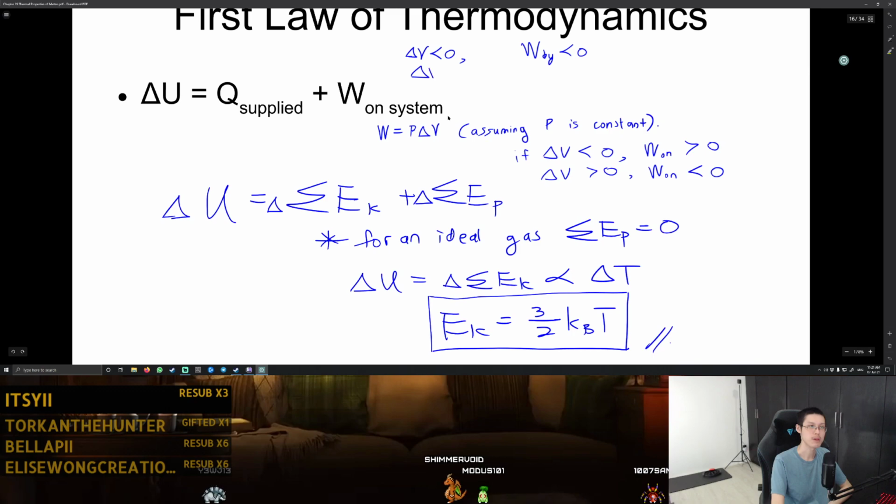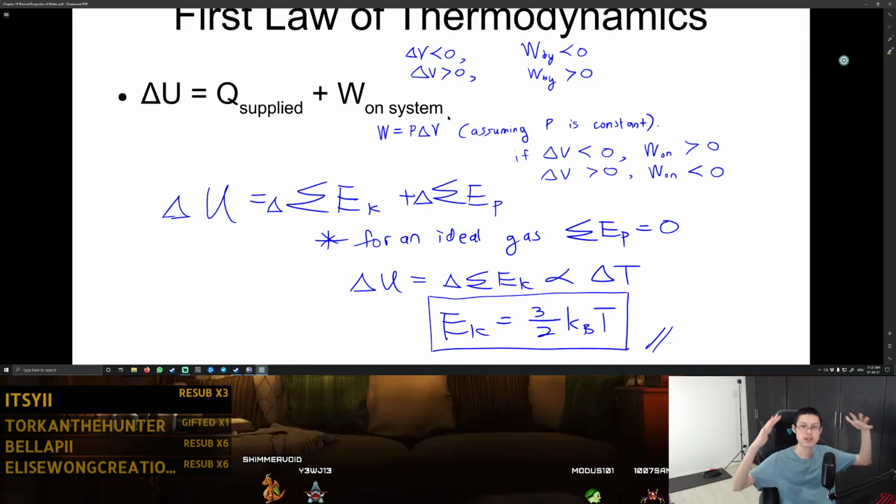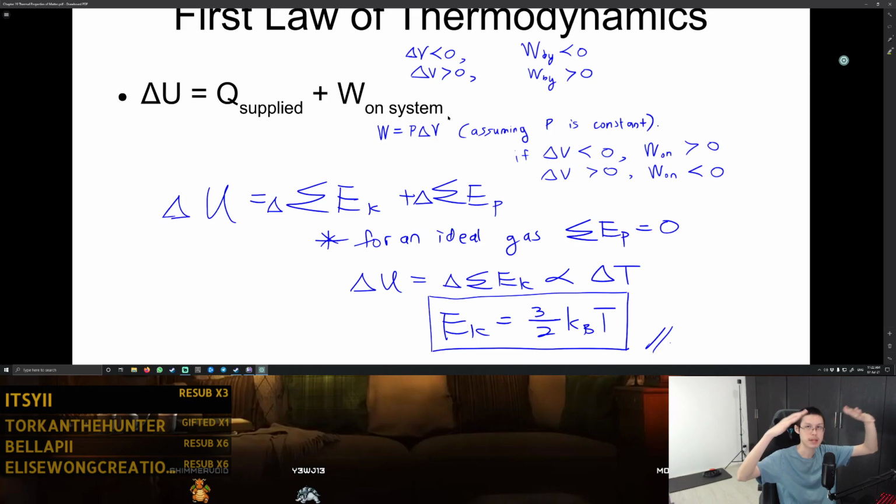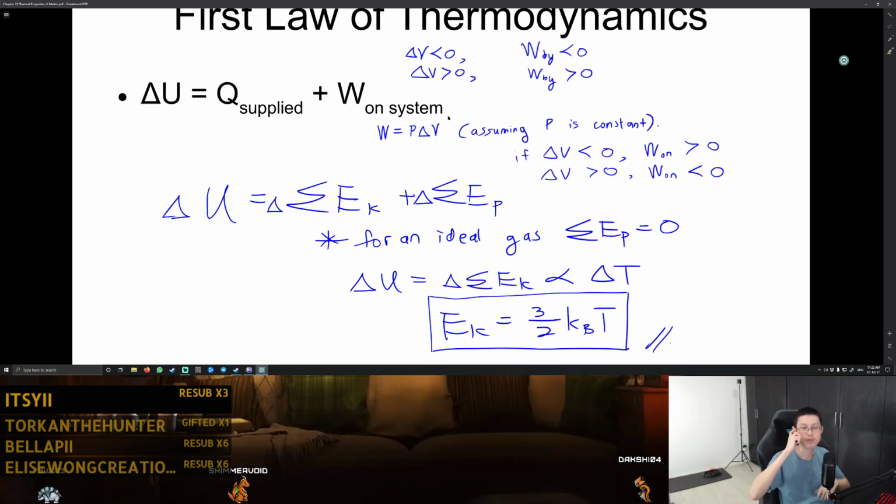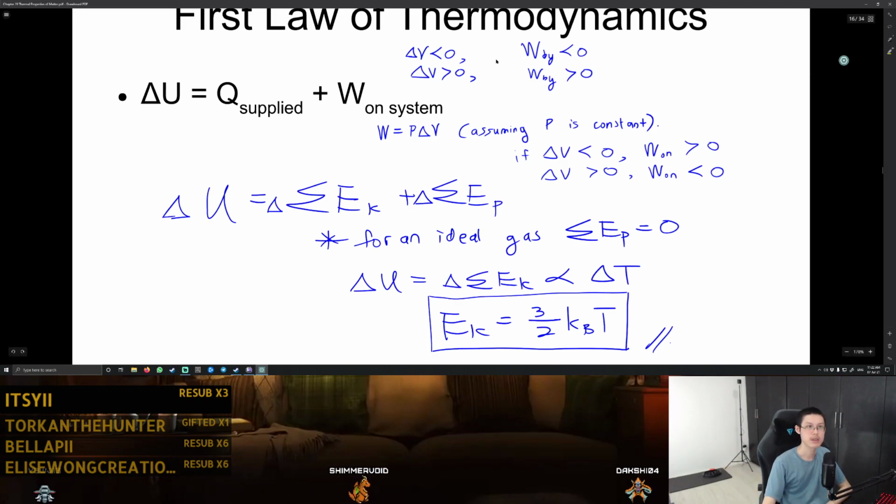If your volume is increasing, then the work done by the system is positive, because the system, which you can think of as some gas or some kind of matter that occupies some volume, is doing work on the atmosphere. So work is being done by the system, so it expands. Okay, essentially the signs are opposite for these two, so just something to be aware of.